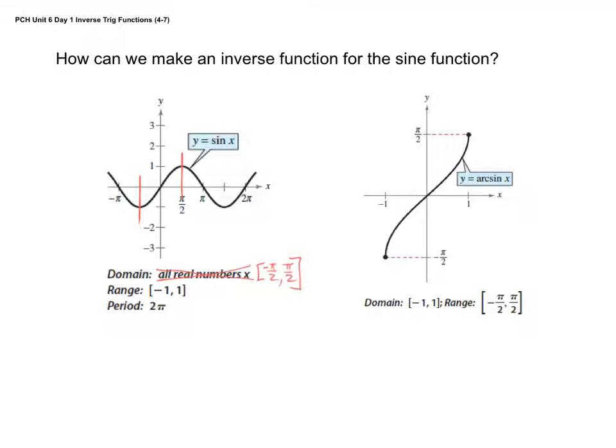So that is a function. Notice too, what we learned about inverse functions before is still true. The domain of a function is the range of its inverse, and the range of the function is the domain of the inverse.